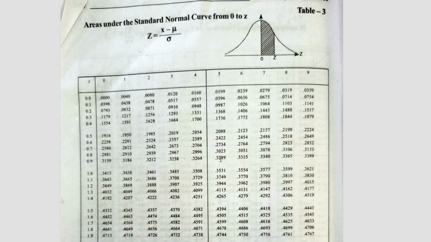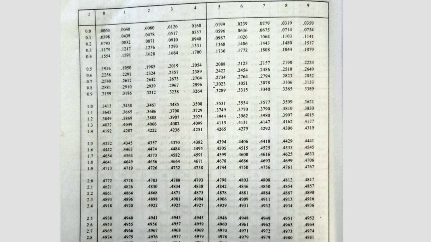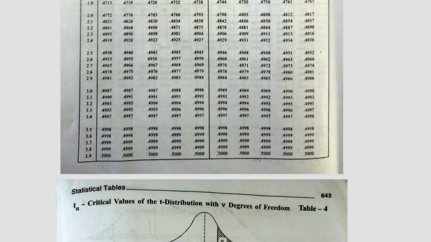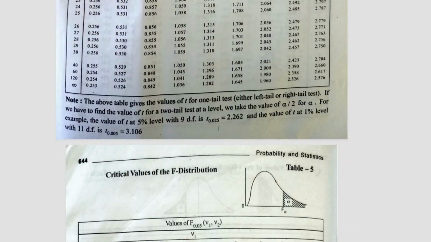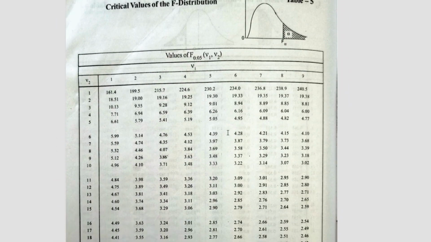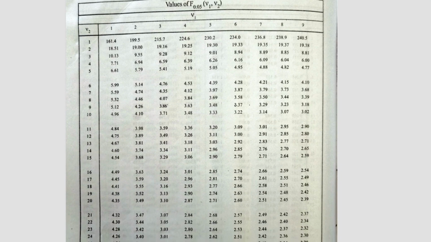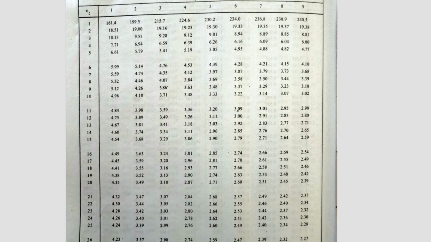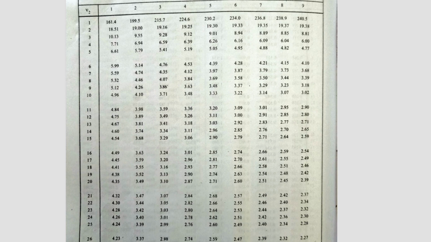So this is the table we have, and it represents the F distribution. Here we check the value of k as v1, which is 2, and n minus k minus 1 is 9.